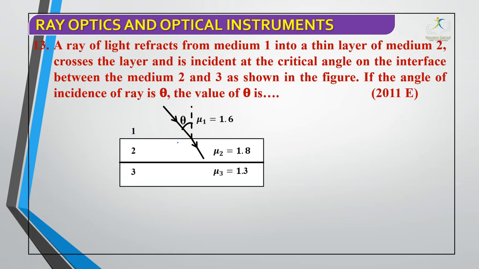Again, I am repeating, students, the first medium, as you can see, has a very low refractive index, so I am taking it as a rare medium. The second has a very high refractive index, so this will be the denser medium. Again, this will be a rare medium.